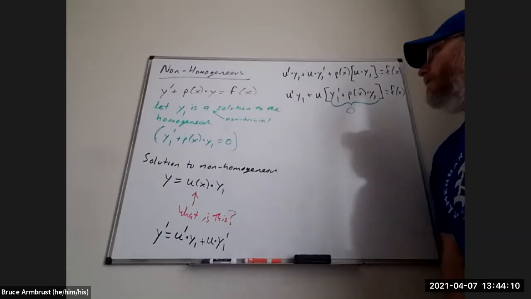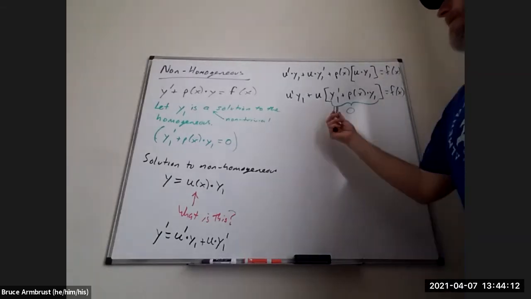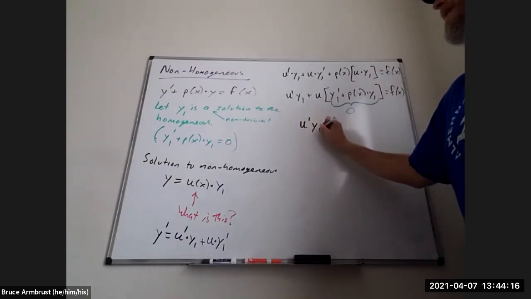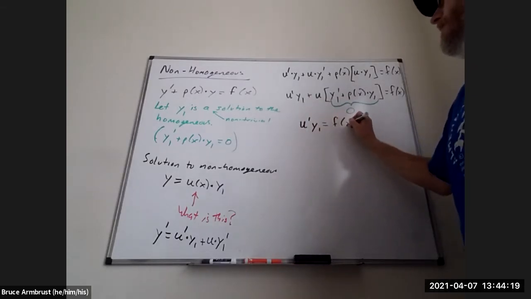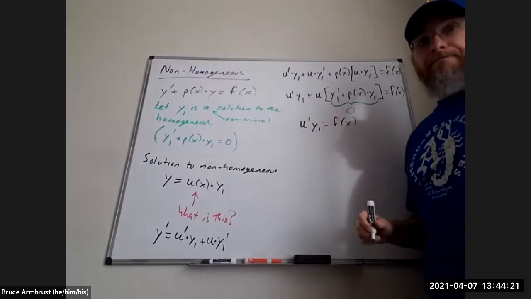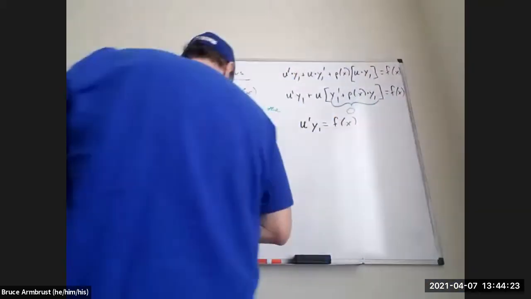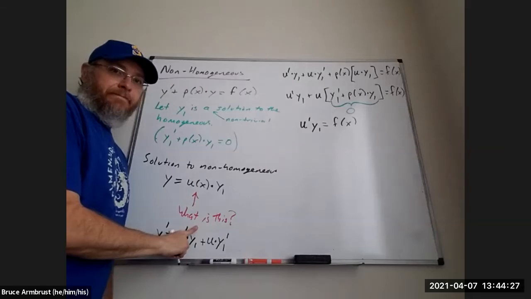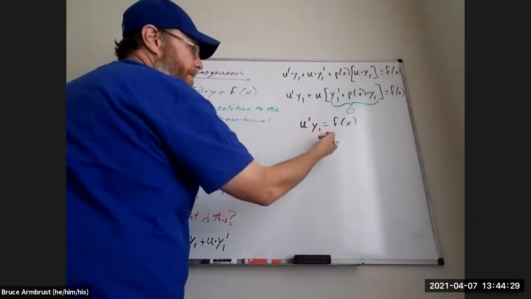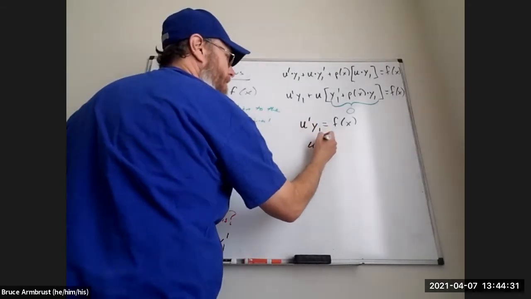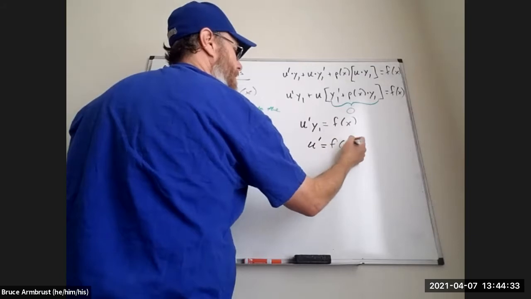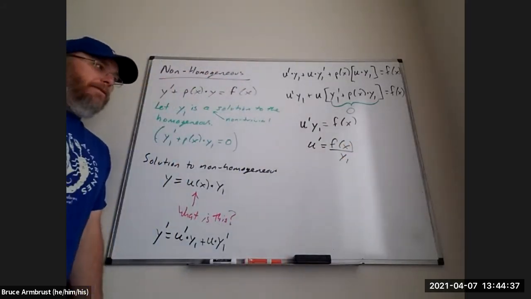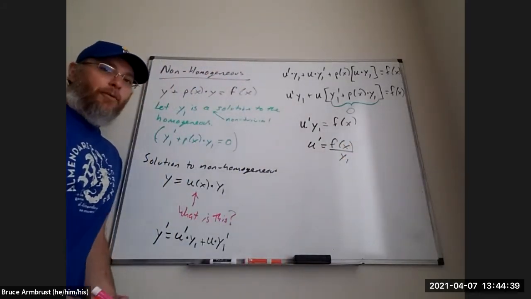All right, so if all of that equals 0, this equation now becomes u prime times y1 equals f of x. And remember what the goal was. I wanted to figure out what u is. Well, if I divide by y1, I have here that u prime is equal to f of x over y1.